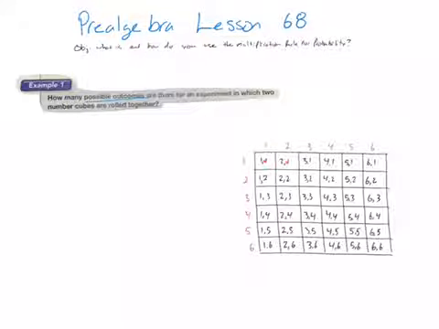Alright, so notice there's 1, 2, 3, 4, 5, 6, 7, 8, 9, 10, 11, 12, 13, and so on up to 36. So the answer to this is 36 possible outcomes.